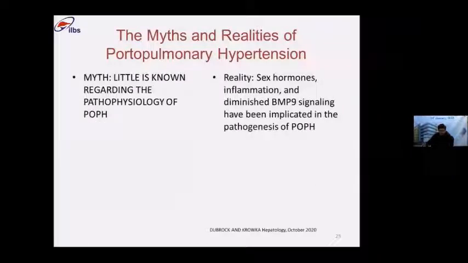Another myth: little is known regarding the pathophysiology of POPH. But nowadays there are recent studies which are able to link the development of portopulmonary hypertension to sex hormones, inflammation, and diminished bone morphogenetic protein 9 signaling.